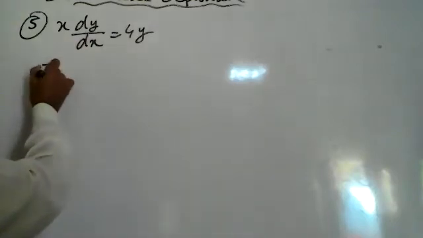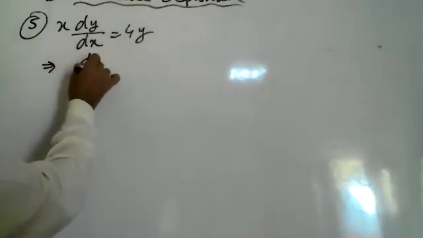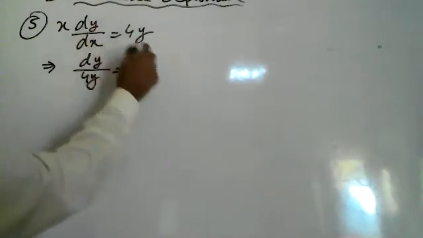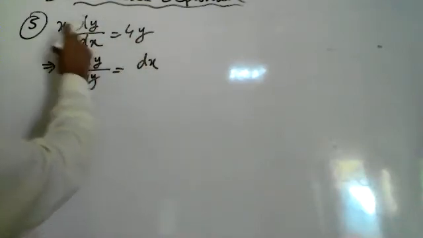So dy upon 4y, dx will go up and x will come down.